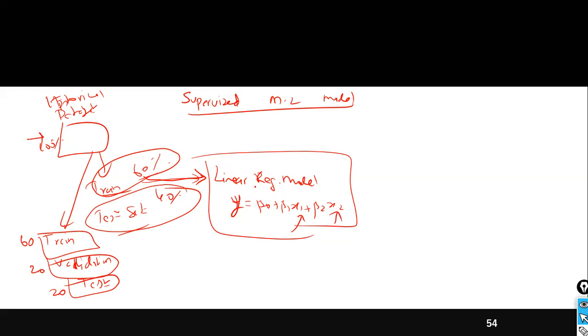We show this data to the model, and it will obtain values for beta naught and beta 1 for this given data set. And then we apply the learned model on the unseen data, in this case the test data.